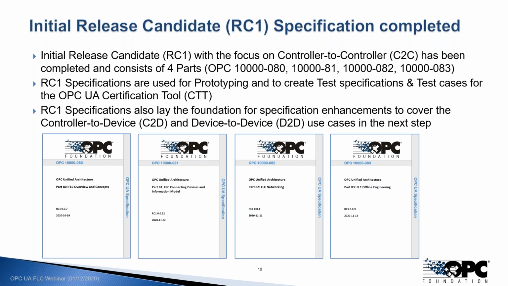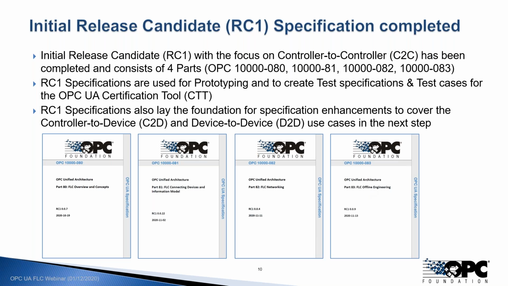And the good thing is that now we have finalized what we call the initial release candidate, RC1, consisting of 4 parts, part 80 to part 83, covering the overview and concepts, covering connecting devices and information model, covering networking aspects, and also covering offline engineering.